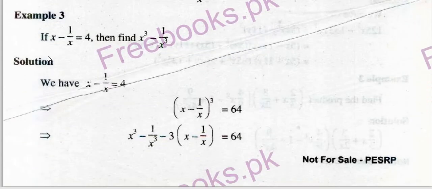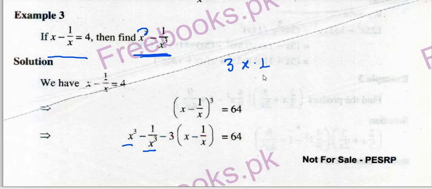Example 3. If x minus 1 over x is given, you will have to find this. How? There is a cube, so take cube on both sides. When you take the cube, a cube, b cube minus 3ab. This is cancelled, that's why there is 3, and (a minus b) equals 64. 4 cube is 64.